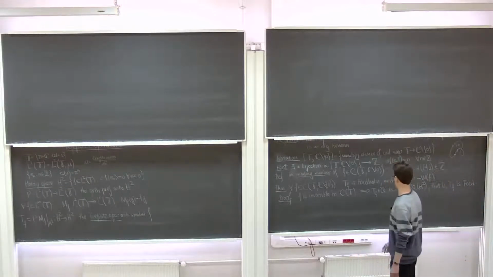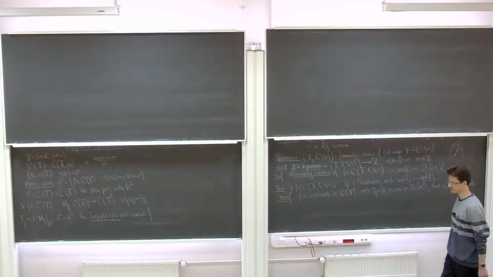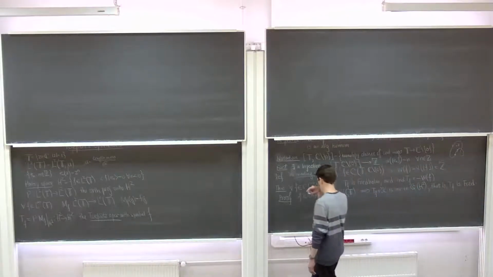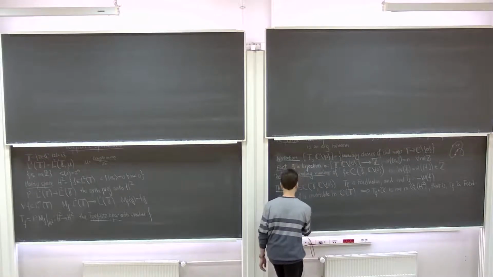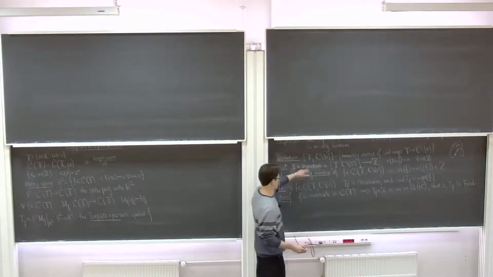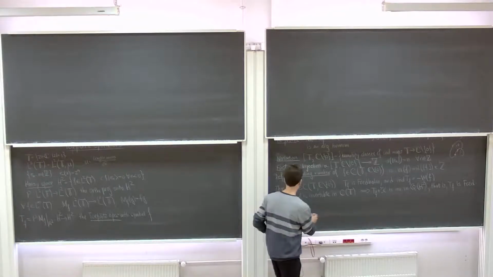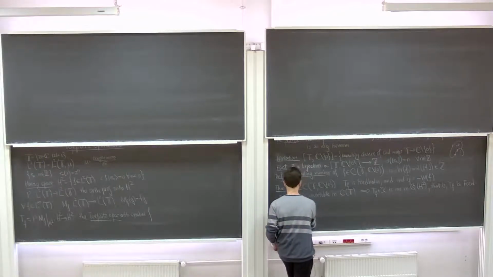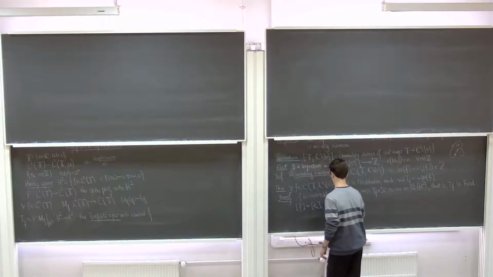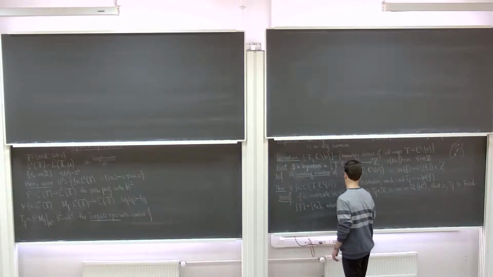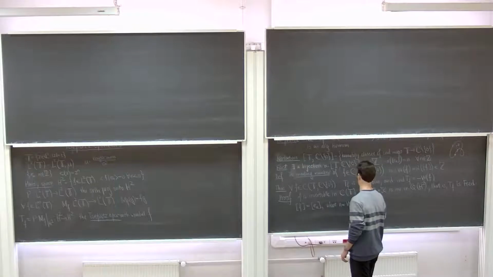Okay, now let's calculate the index. Because alpha is a bijection, we know that the homotopic class of f is the same as the homotopic class of En, where n is the winding number of f.